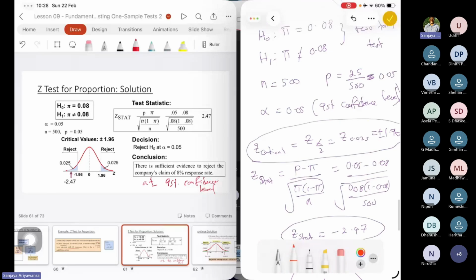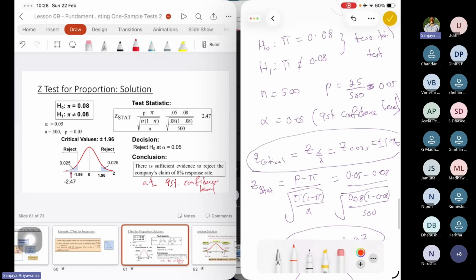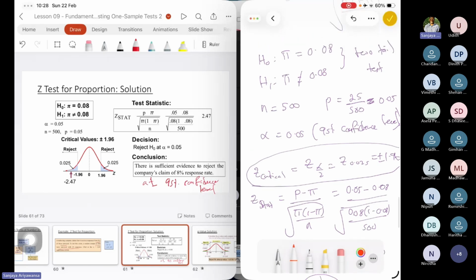So more or less, like I said, it's a pattern. It's a mechanical pattern. The changes that happen are the distribution, the two tail or one tail, and the equations used. So you just have to figure out whether it's a proportion or a mean. If it's a mean, whether sigma is given or not given. If it's given, you use the Z distribution. Then you check whether it's a two tail or one tail. If it's not given, it's a T distribution. Check the degrees of freedom as well.